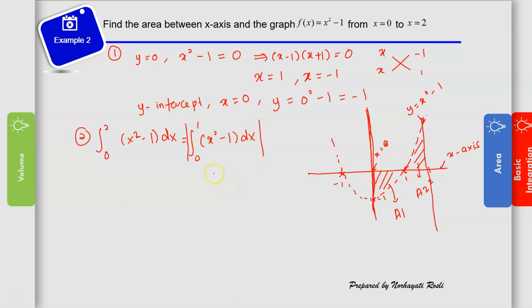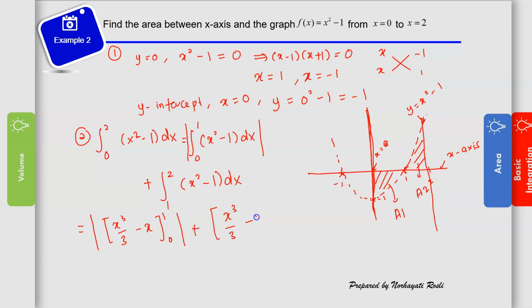If not, you will get the wrong answer. And then plus the integration from 1 to 2 of x squared minus 1 dx. Then when we solve this one, we get x to the power of 3 divided by 3 minus x, from 0 to 1, and then plus x to the power of 3 divided by 3 minus x, from 1 to 2.